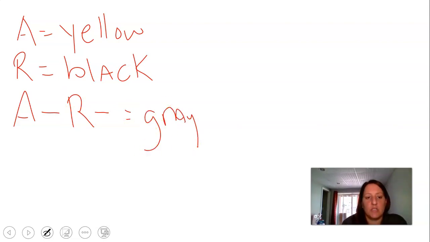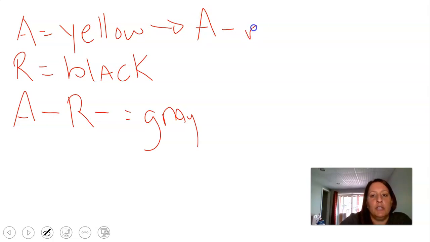Okay. So just from this, I know a little bit more up here at the top. In order to get yellow, I have to have big A dash, little r, because if it was a big R, I would get gray. So I know more about that genotype. And for black, I also know more.